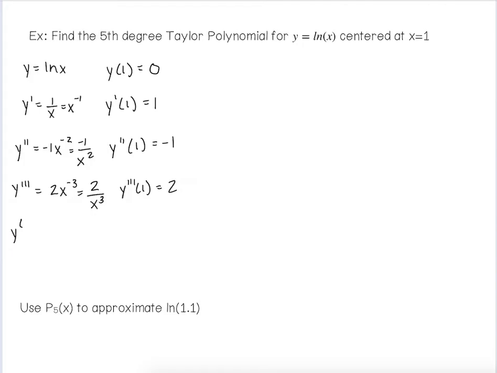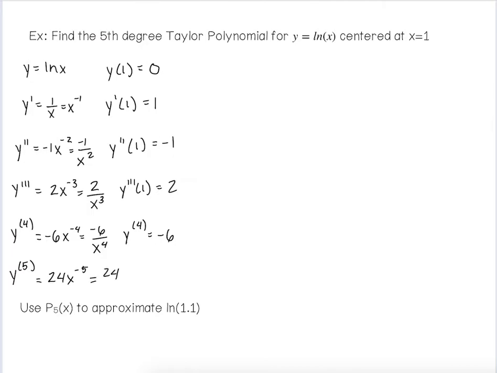Remember, when we get to the fourth derivative, we use this parenthesis notation as our exponent. So the fourth derivative is going to be negative 6x to the negative fourth, or negative 6 over x to the fourth. If I plug in 1, I'm going to get negative 6. And then I need a 5th degree, so I need my 5th derivative. Using power rule again, I get 24x to the negative 5th.